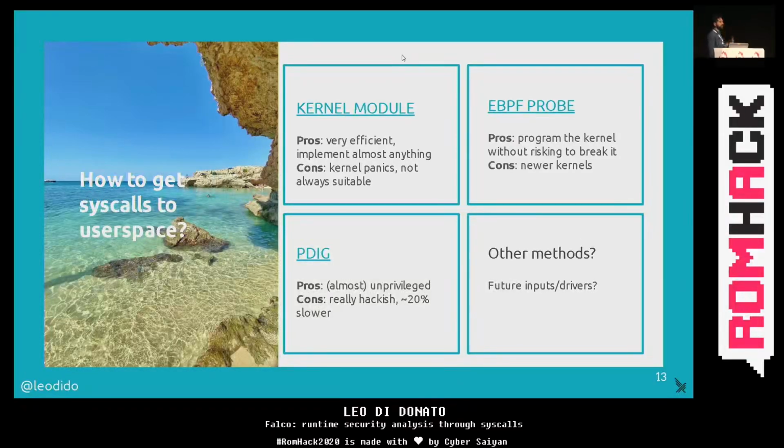Pdig is basically a ptrace-based producer that runs completely in user space, so you don't need a kernel module. It hooks the syscalls happening in the kernel with ptrace and magic with assembly trampolines. It's very, very hackish.